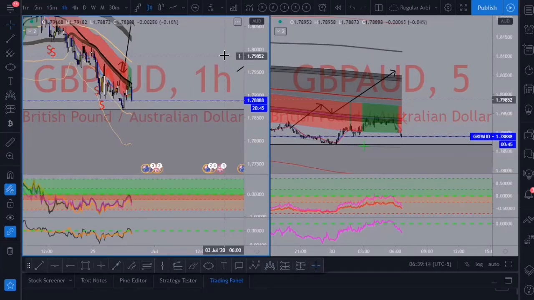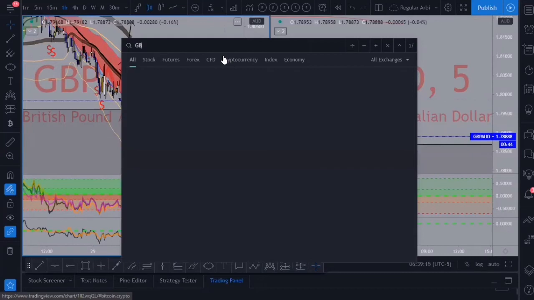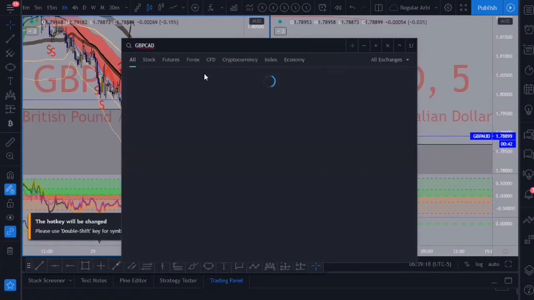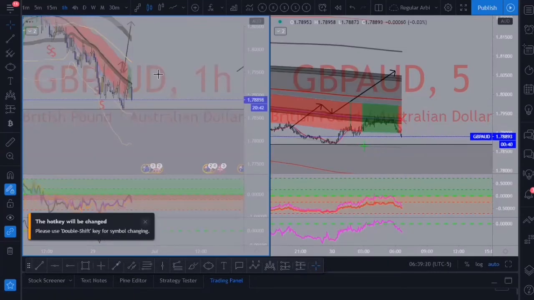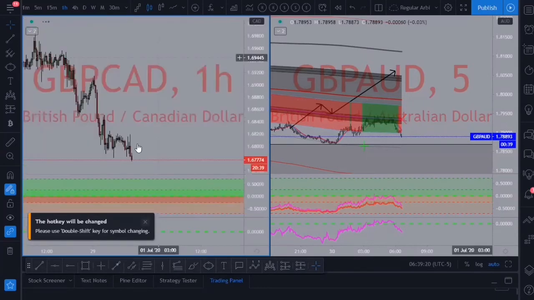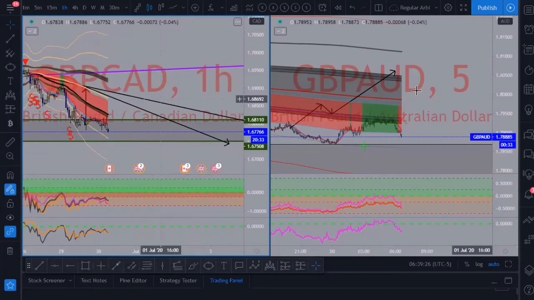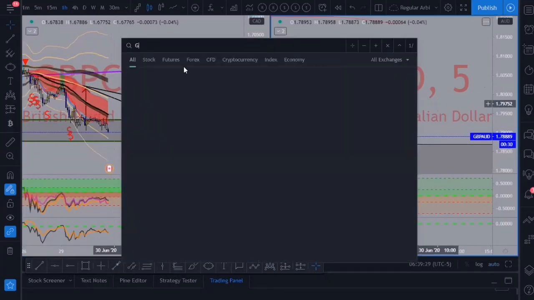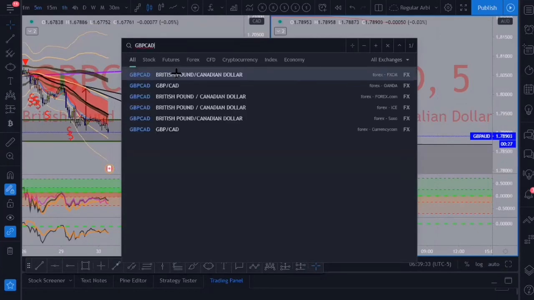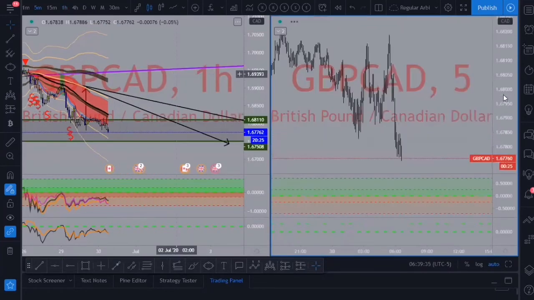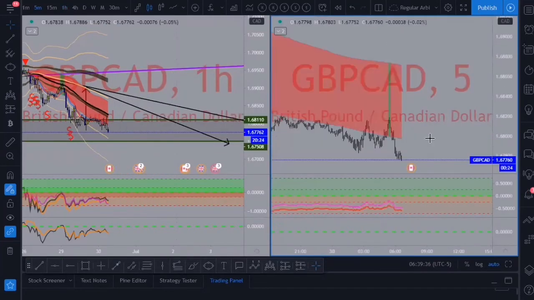So GCAD, let's go to GP's CAD. Looks like all the GP pairs are doing the same thing, basically. Yeah, it kind of looks like the GPs did all one.